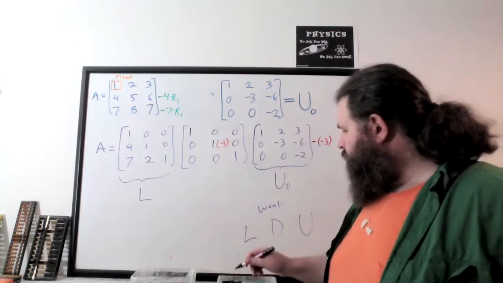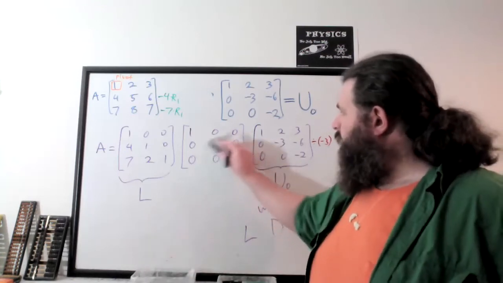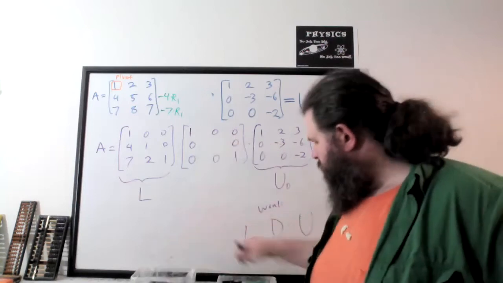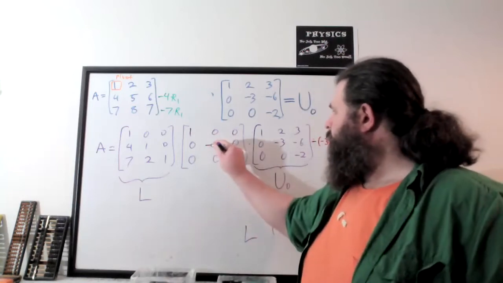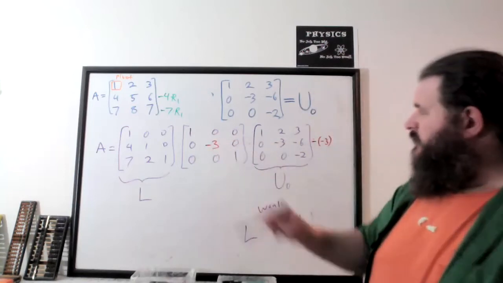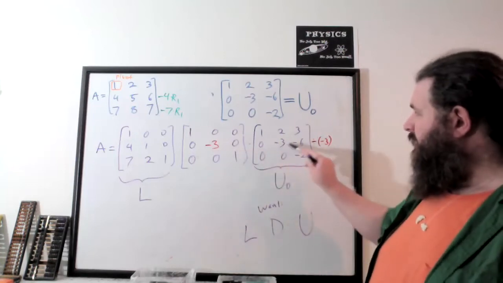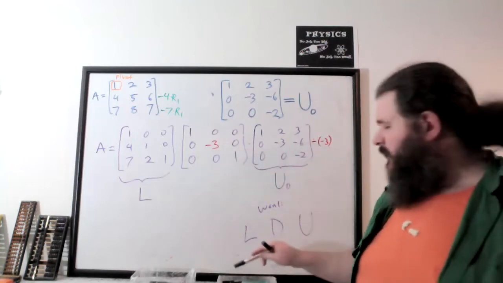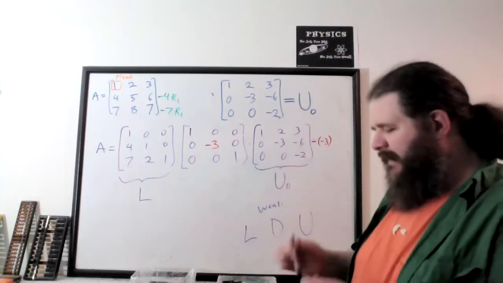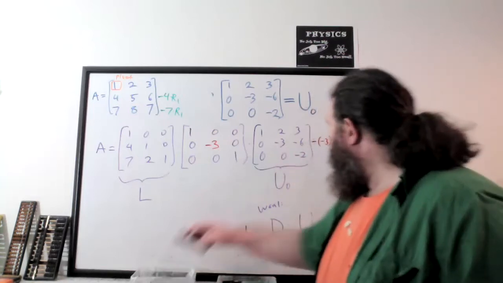So let's try that. We're multiplying this 1 in the middle by -3. But since that 1 is multiplied by everything in the entire second row, we need to also divide everything in the entire second row by -3.